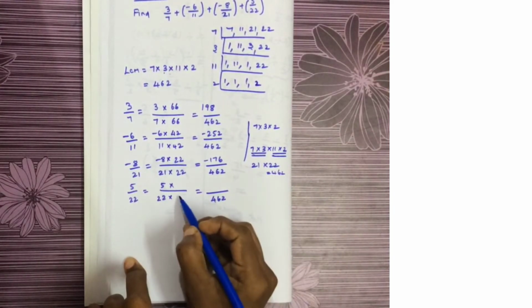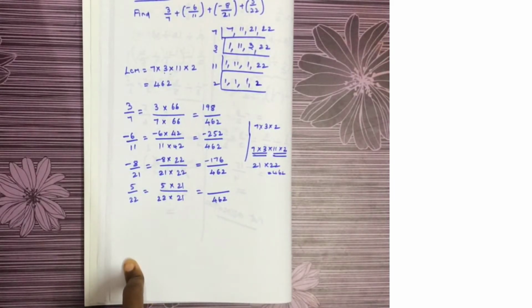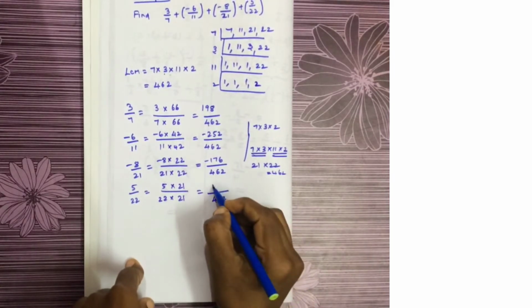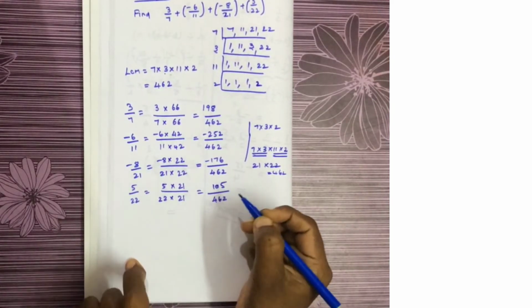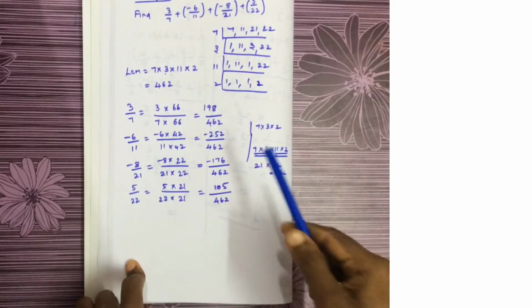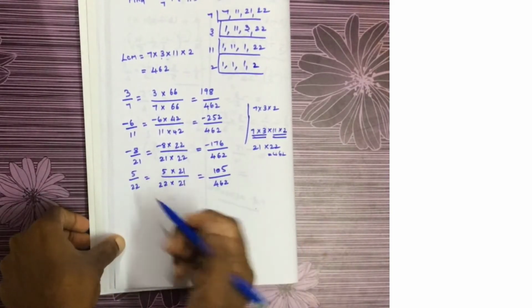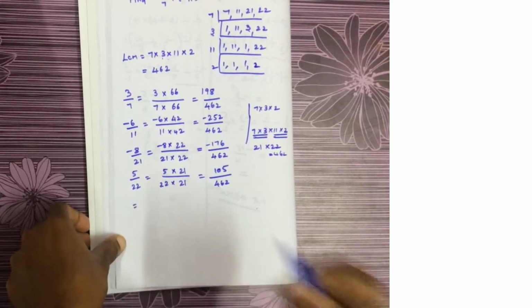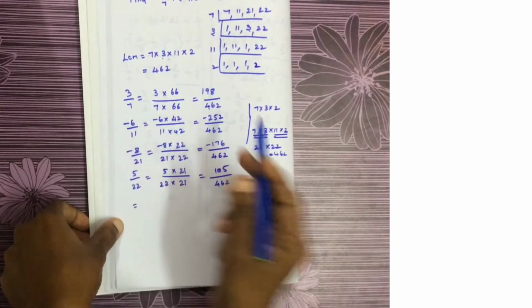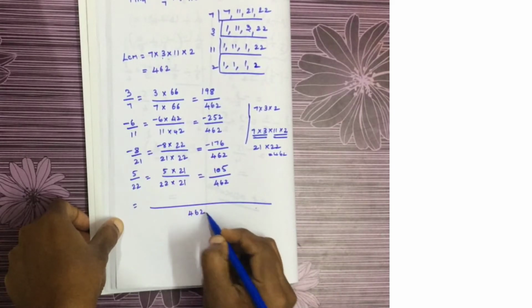So 22 multiplied by 21 on the numerator and denominator. 5 multiplied by 21 is 105. By this we complete our LCM conversions. Now we have all the denominators as 462. Now we can change.